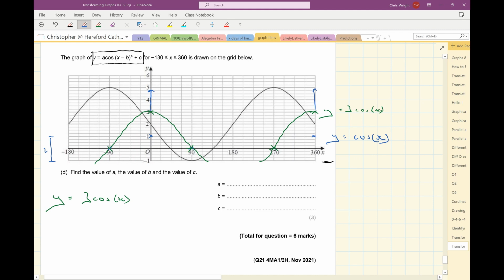So let's translate that curve 2 units up. So I'm now going to have y equals 3 cos of x plus 2. Right, and now the curve that I'm dealing with looks like this blue one here.